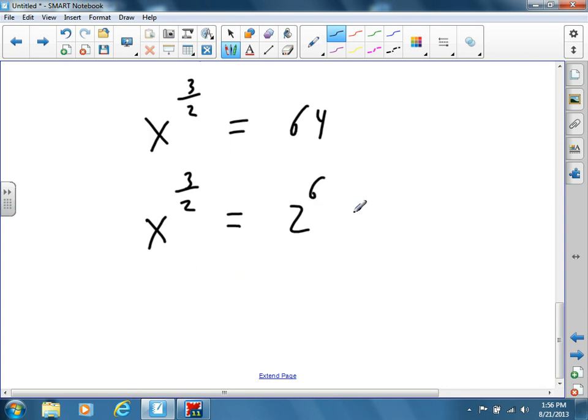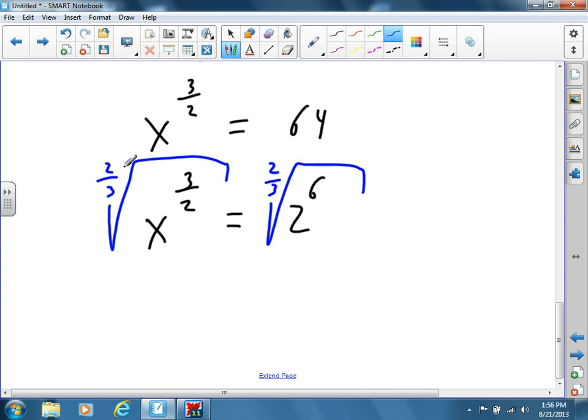So what we'll do is take both sides to the 2/3 power, and if we take the 2/3 power of x to the 3/2, we get x. So 3 goes into 6 twice. 2 times 2 is 4. 2 to the 4th power is 16.